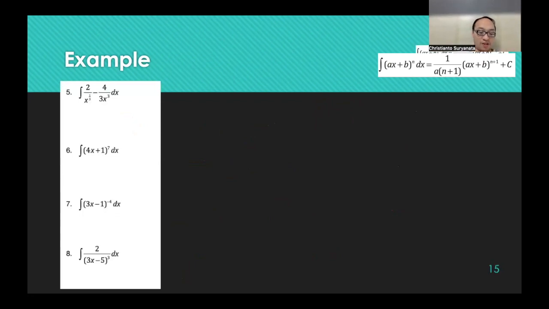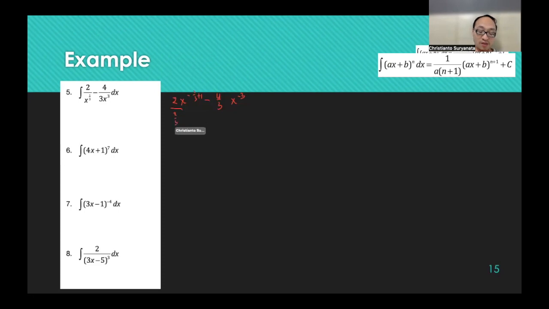Number 5, the same. Change it into 2x to the power of negative 1 over 3, minus 4 over 3 x to the power of negative 3. So we need to add 1, yeah. So plus 1 divided by negative 1 over 3 plus 1 is 2 over 3.